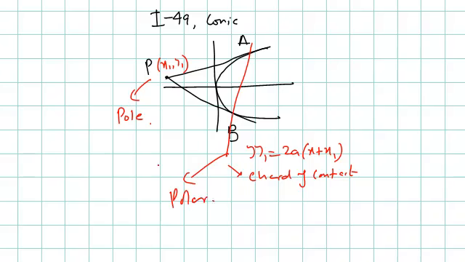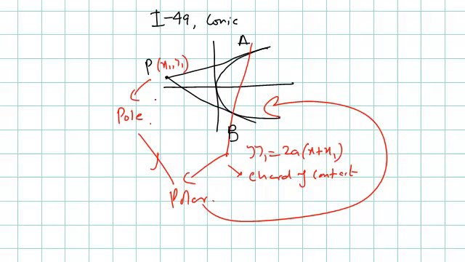So P is the pole of this line, the polar, with respect to this conic, or we can say this line is the polar of this pole with respect to the conic, and the result is the same, y1 equals to 2a into x plus x1, right?